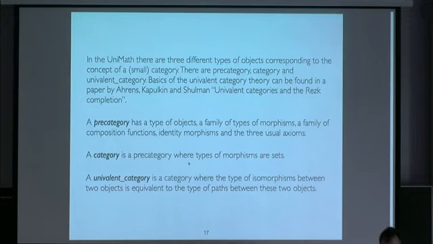And a univalent category is something a little bit more complex. It is a category where the type of isomorphisms between 2 objects is equivalent to the type of paths between these 2 objects, that is, the type of equalities.